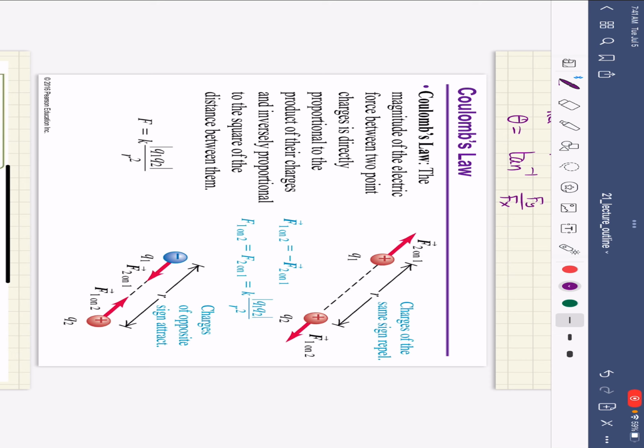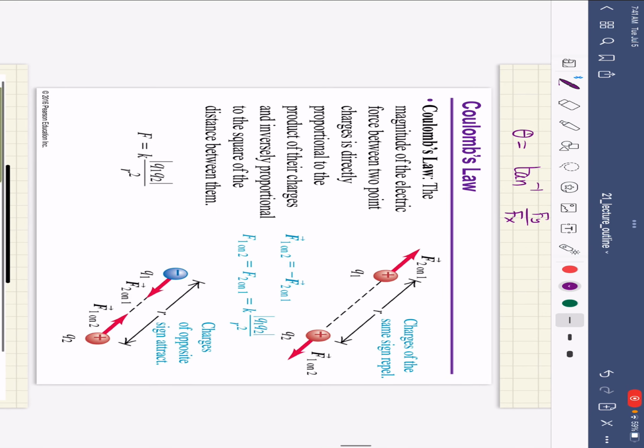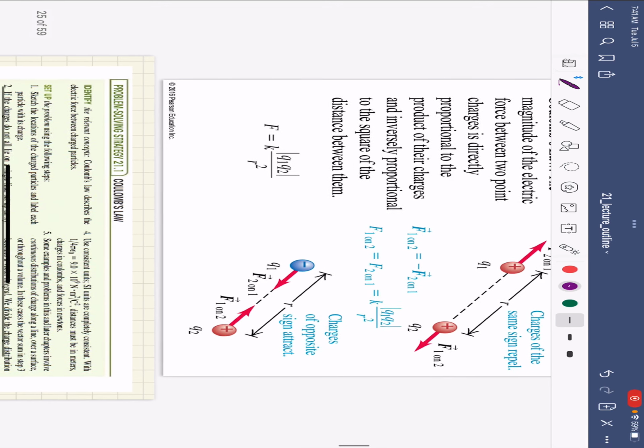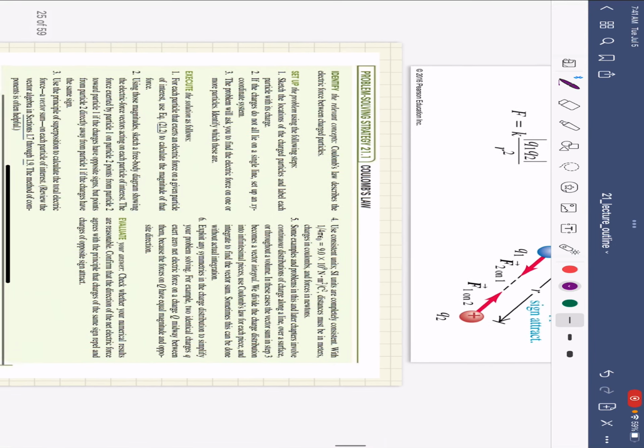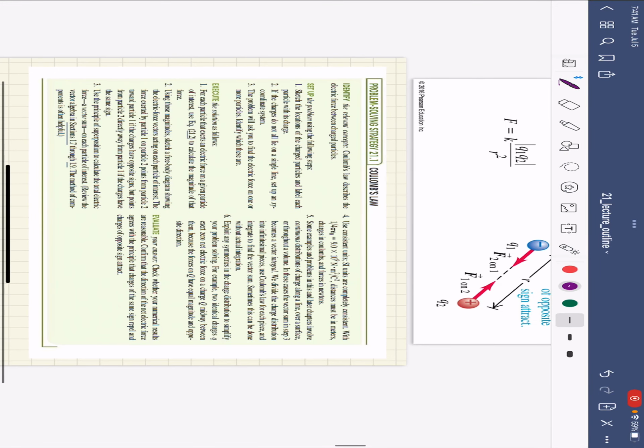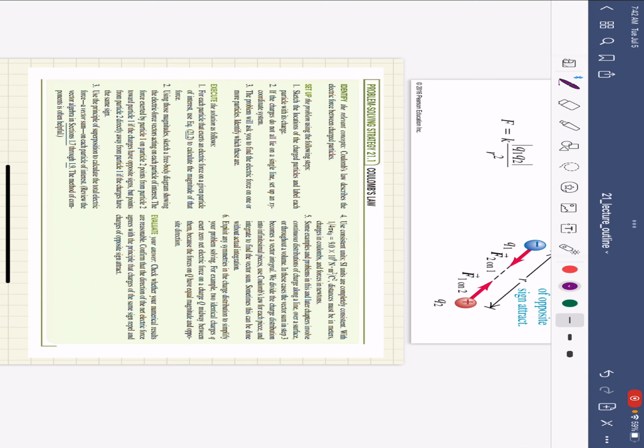F1 on 2 equals F2 on 1 as magnitudes, and the minus here just shows you that they are really opposite in direction. This is Newton's third law, where we have forces acting between these two charges, equal in magnitude, opposite in direction.